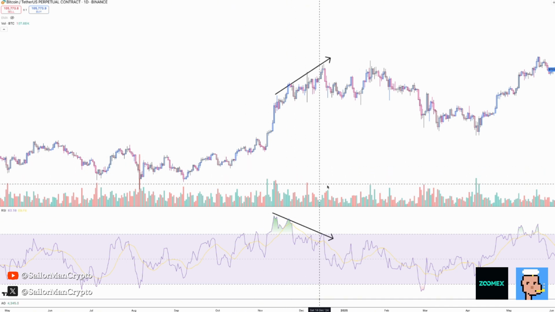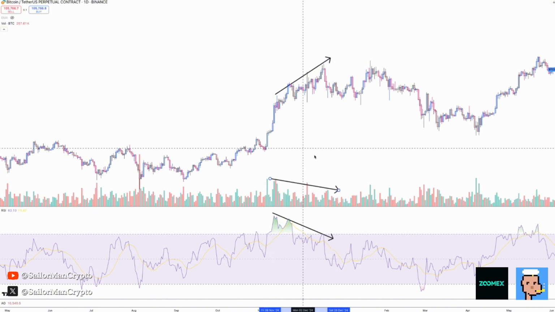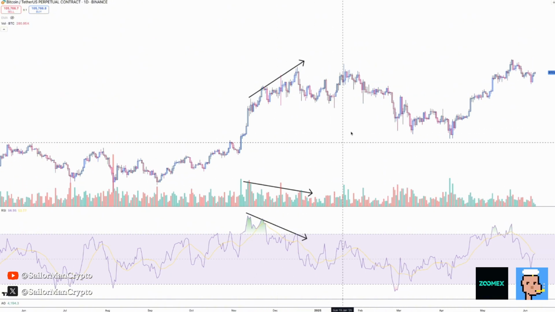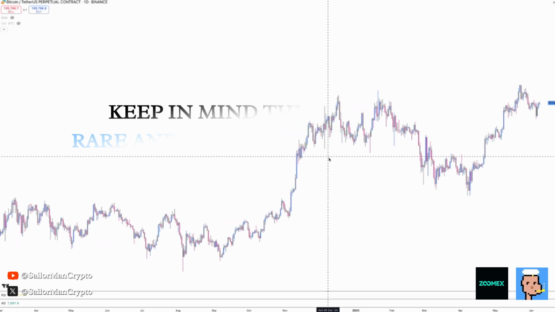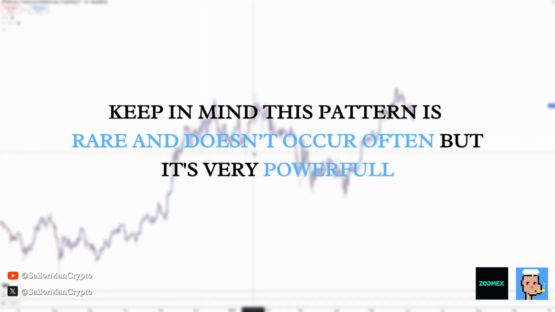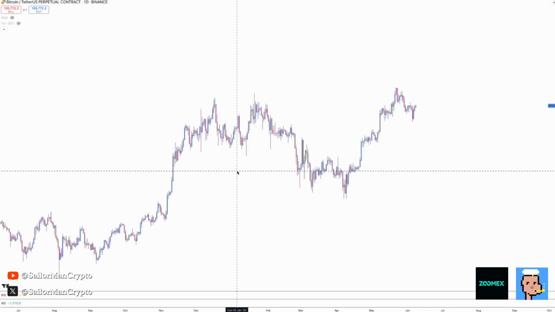Volume was a little bit drying up, as you can see here. While in the first drive there was a lot of volume, in the third drive the volume is moving lower. So it is a pretty straightforward pattern. It doesn't happen very often along with all these conditions, but whenever it happens, it can be pretty powerful.